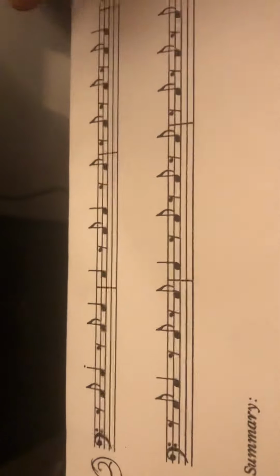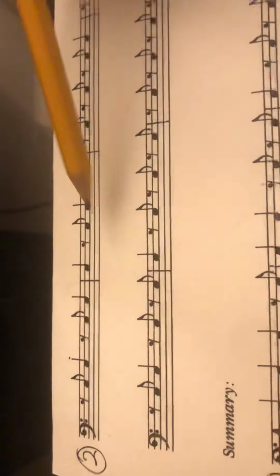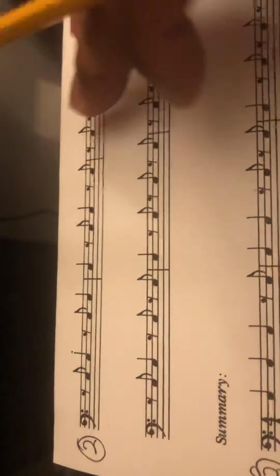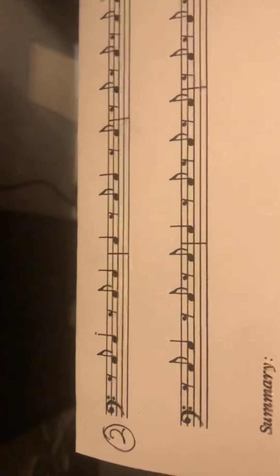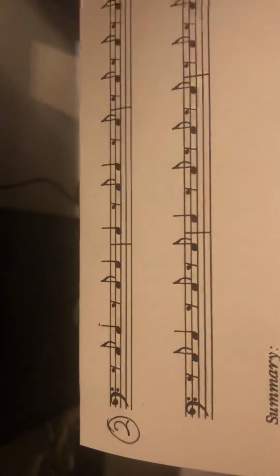Okay, so we are only going to concentrate on these 2 measures in this example. The rest is your homework to do. And so we're going to start with measure 1 here.